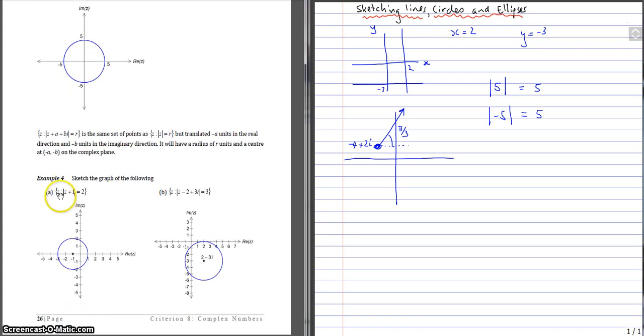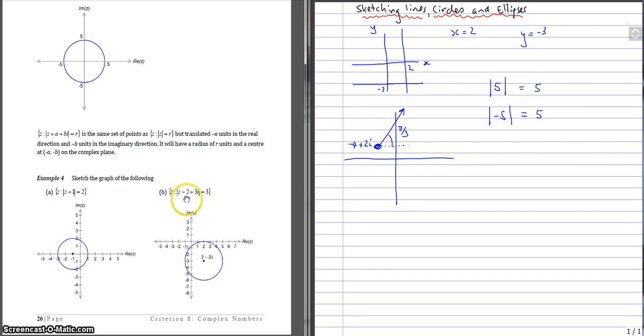Alright, so this particular set of points, z being defined as the modulus of z plus 1 equaling 2, so our radius is going to be 2. We can see that already from that. This z plus 1 means that it's just going to be translated to the left 1 unit, and so our centre moves from (0, 0) to (-1, 0). And this one, we can see that the radius is going to be 3 units, and the centre is going to be defined by this part here.